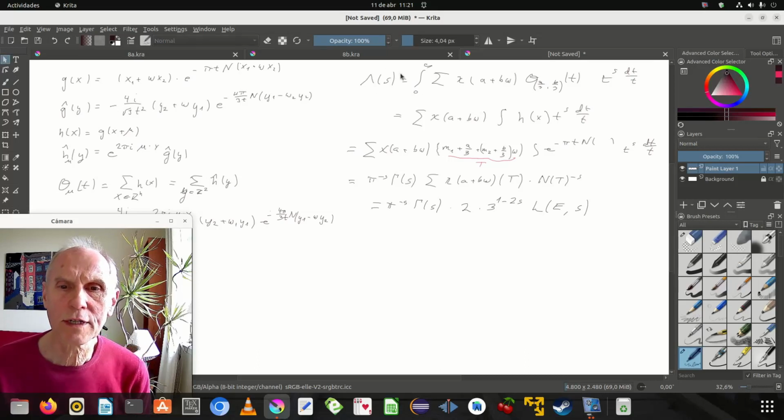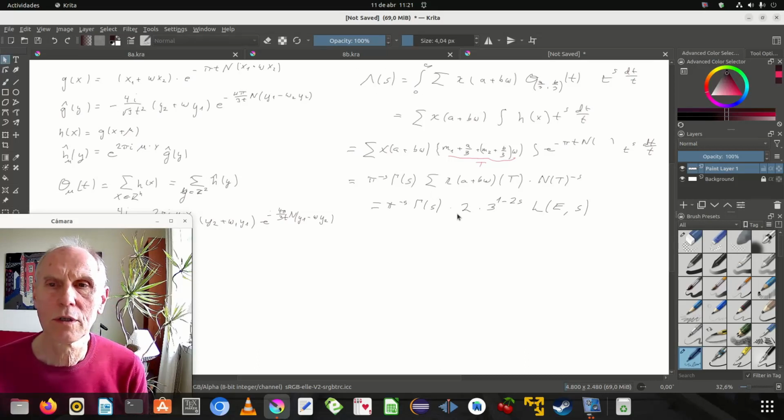This, of course, is an entire function. That just means that L has zeros where this guy has poles. All right.